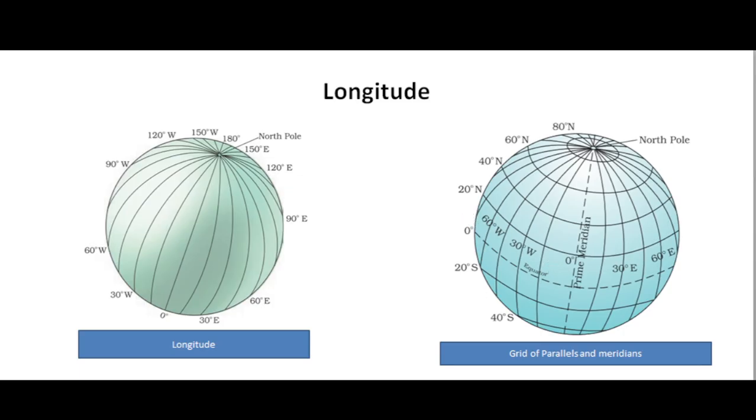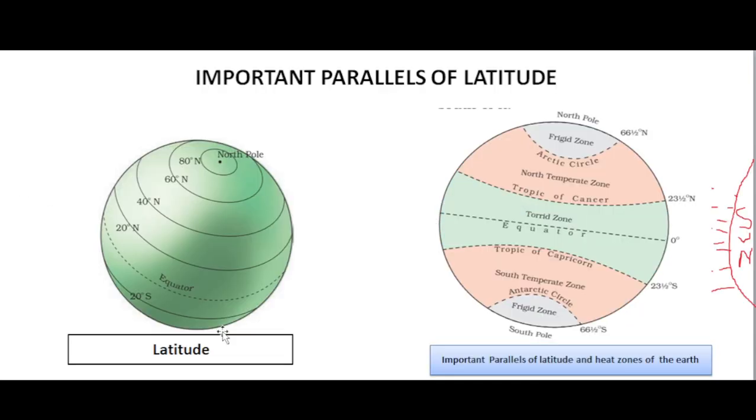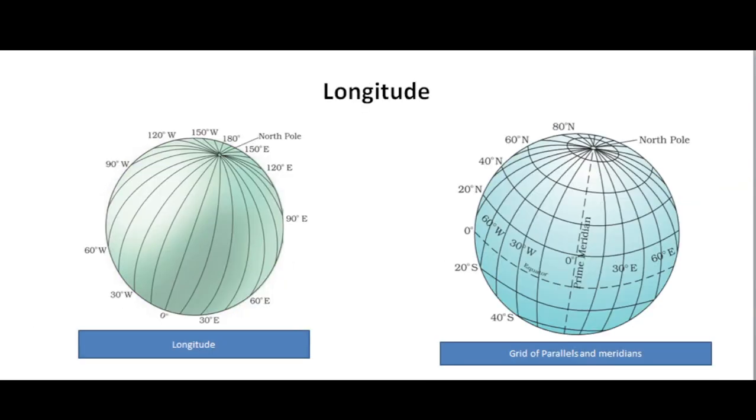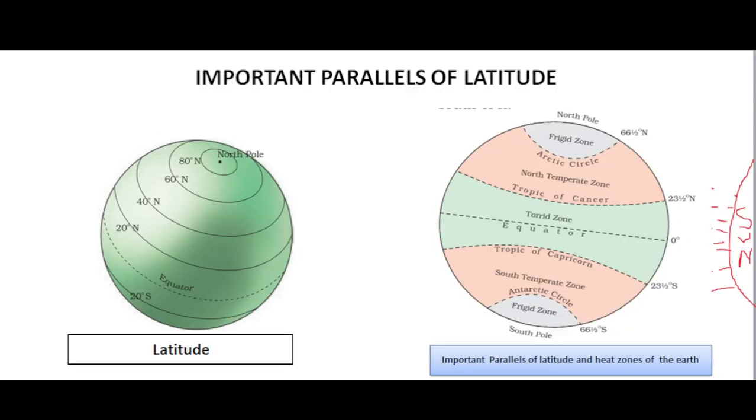Okay, so these are the parallels of latitude, and then these are the meridians of longitude. Okay, so the other set of lines is drawn joining the North and South Pole.